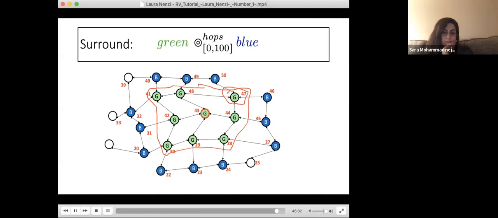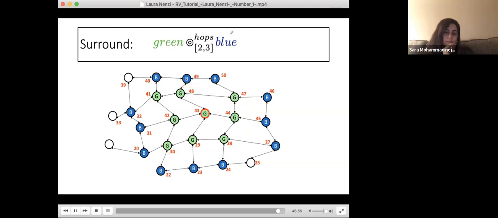And then we can see that all the locations that do not belong to the green region, but that are directly connected with that region, are blue. And for sure they are at a distance that is more than 0 and less than 100.